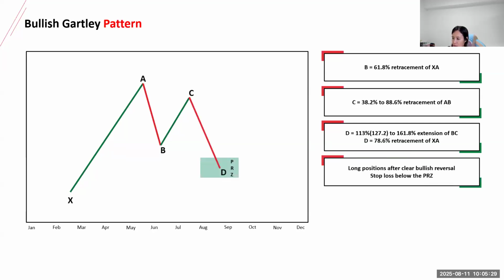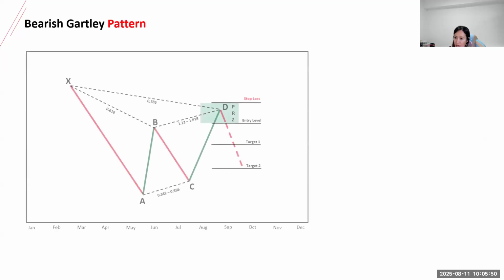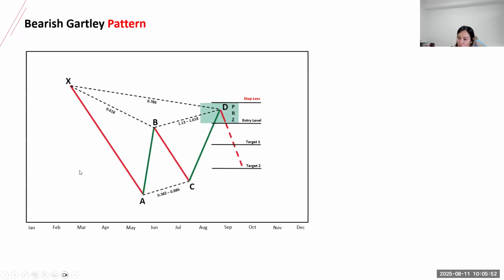Take profit. Stop loss below the PRC zone whenever you see the reversal pattern. They measure from A to D, 38.2% TP1 and TP2 at 61.8% retracement of AD. All right. The same for the Bearish Scarlet. B retraces 61.8%.